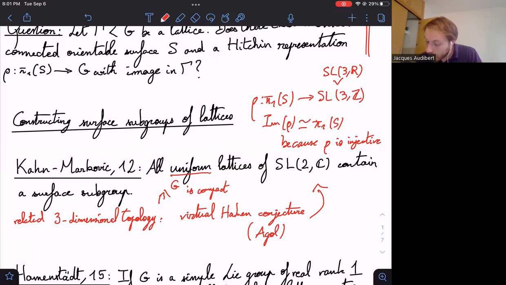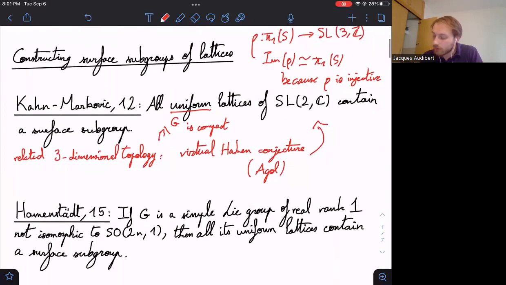So first, in 2015, Hamenstädt is able to generalize this to simple Lie groups of real rank 1, so for example SL2(C), but which are not isomorphic to SO(2,1). Then she can prove the statement that all uniform lattices contain a surface subgroup.